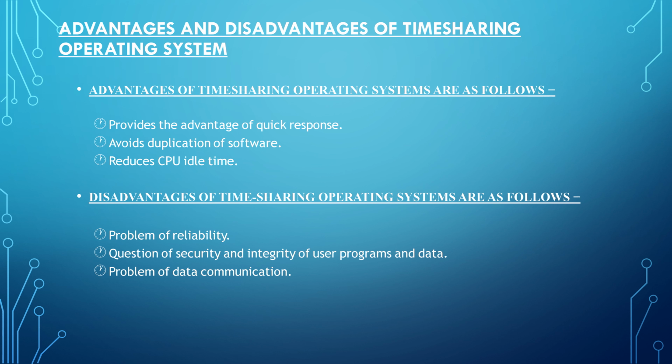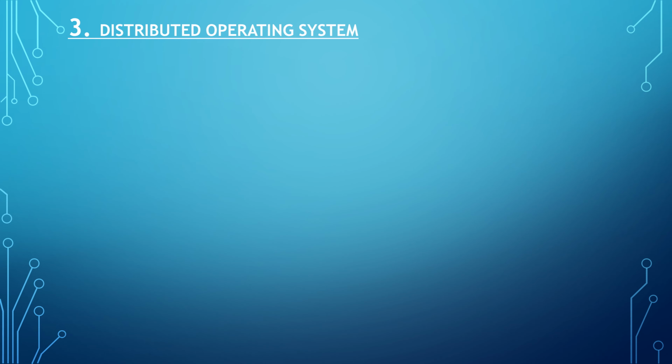Number 1 problem is the problem of reliability. Number 2, question of security and integrity of user programs and data. Problem of data communication is also another disadvantage of time sharing operating system.